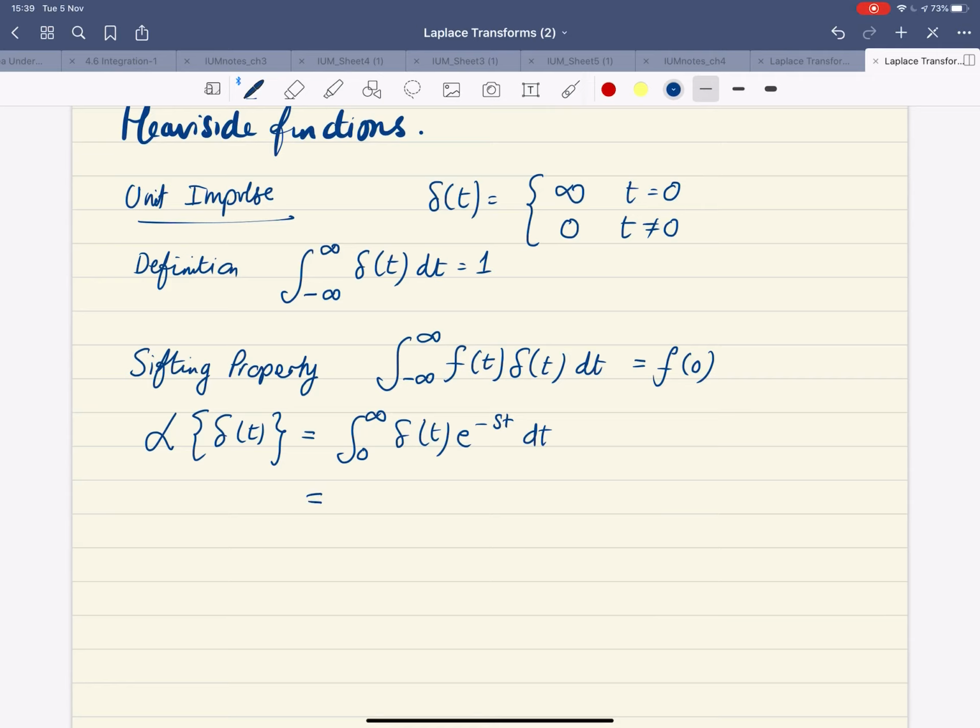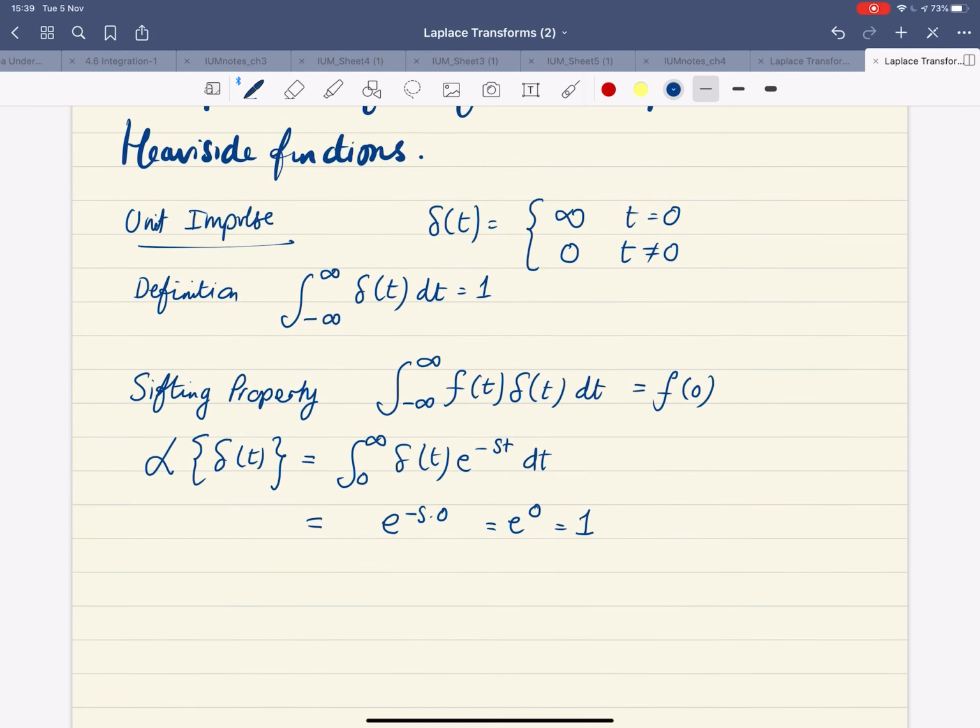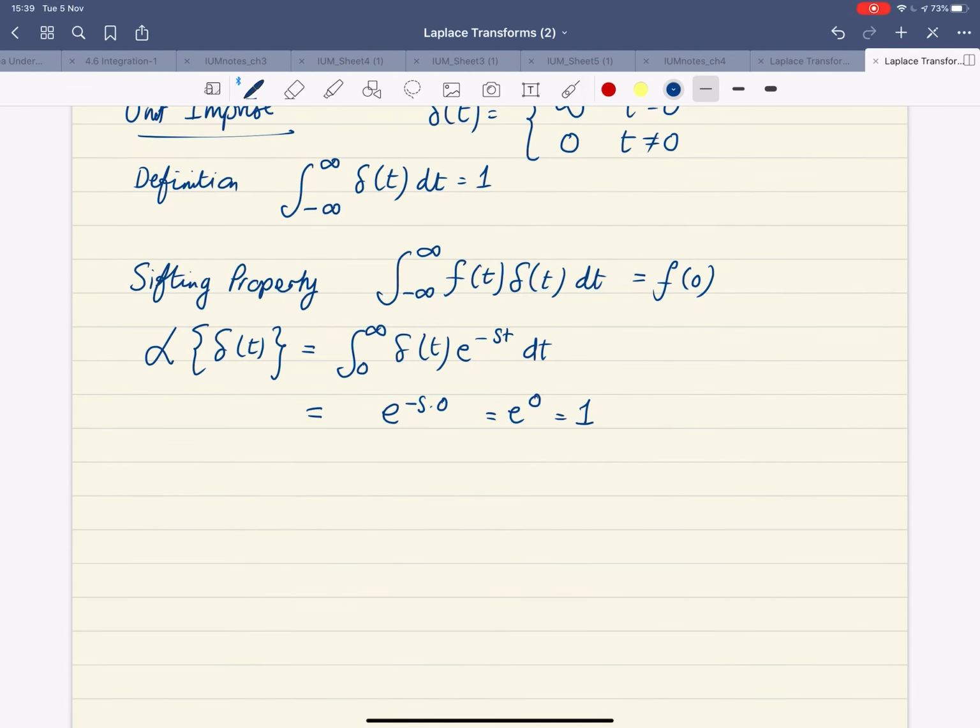So this is e to the minus s times 0, which is e to the 0, which is 1. And that's the answer. Right, so the next one, unit Heaviside, is next.